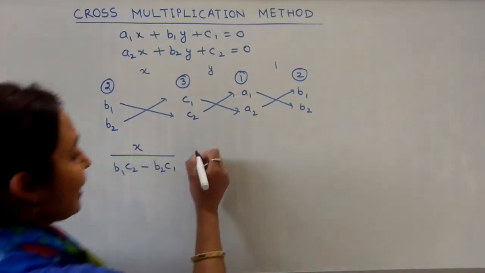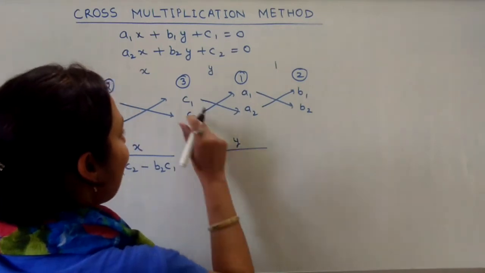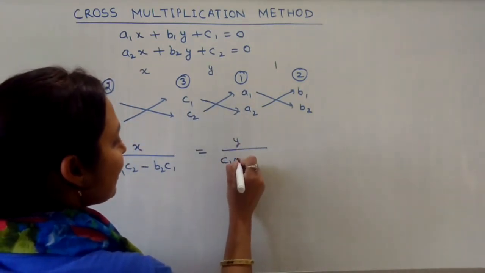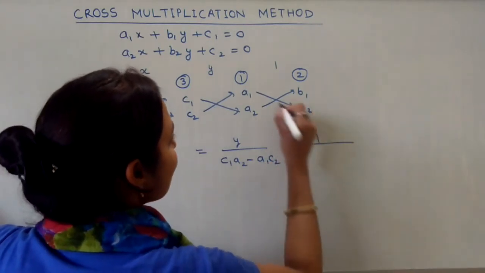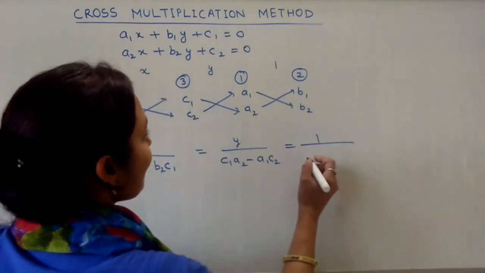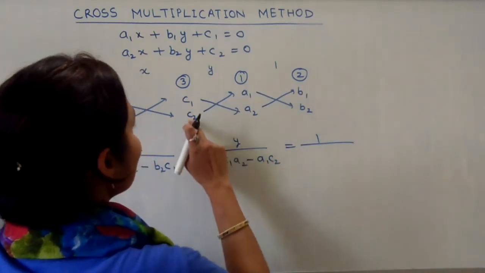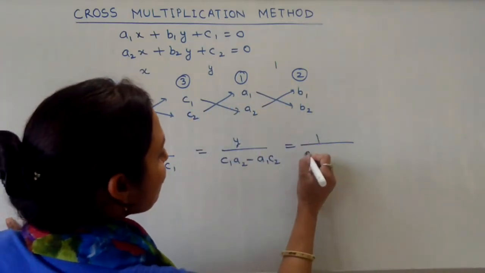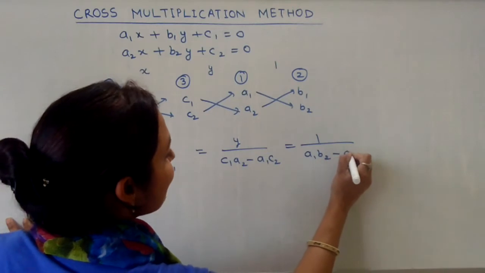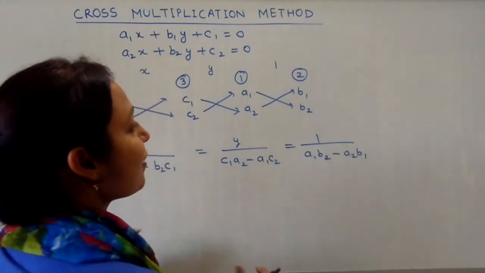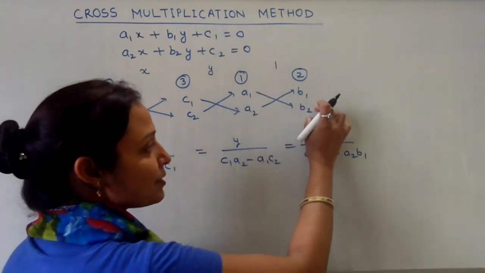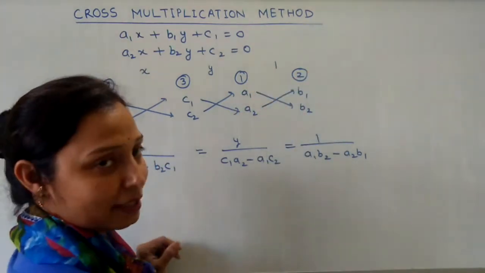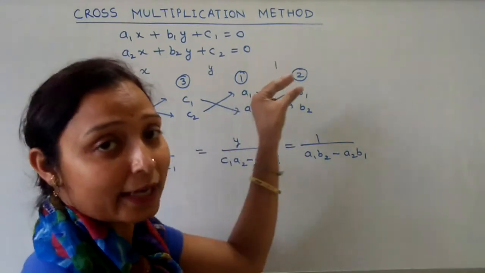Okay, in the denominator of y, we will have c1 a2 minus a1 c2 is equals to 1 upon a1 b2 minus a2 b1, right? So this is the way to solve. When we take the cross multiplication, this term comes in positive sign and this term comes in negative sign, because it is in the opposite direction.